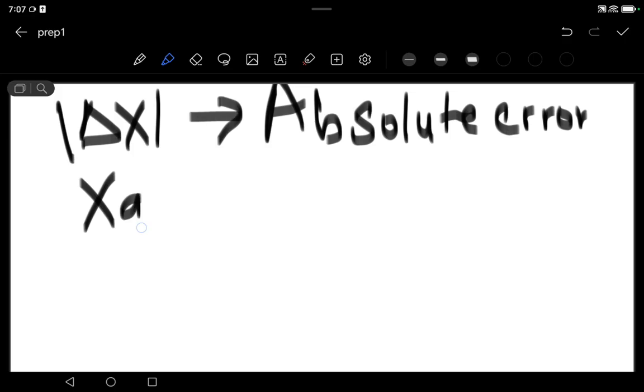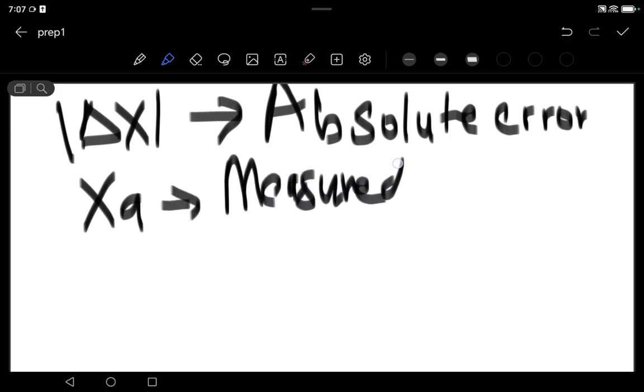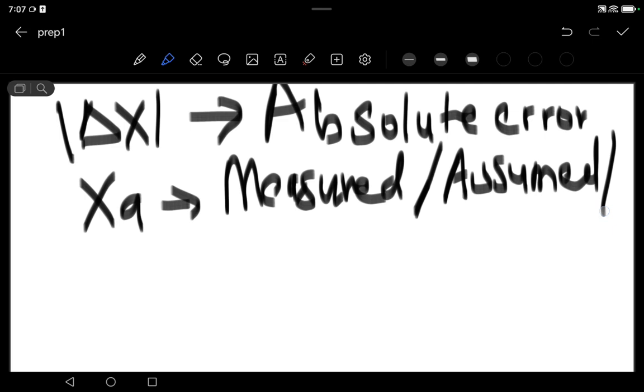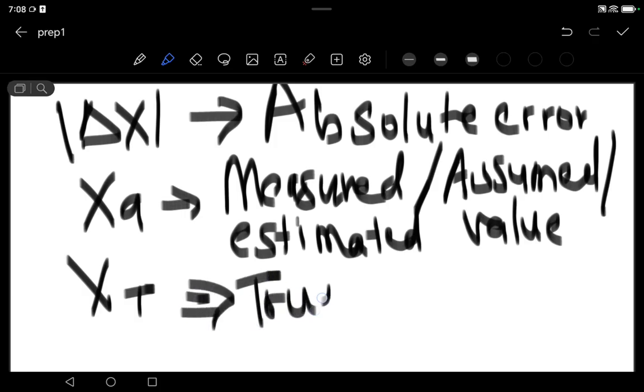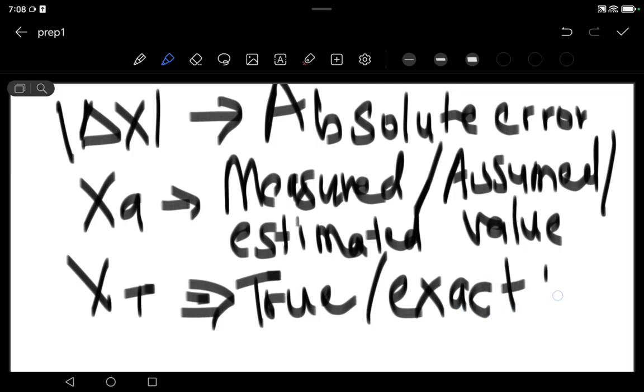And xa is measured, assumed or estimated. And xt is a true or exact value.